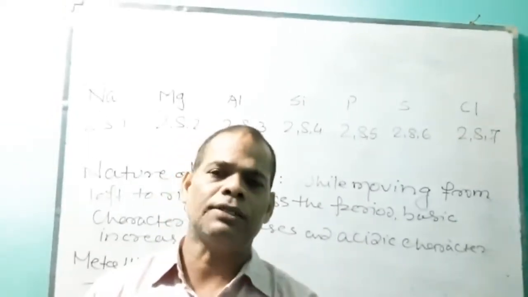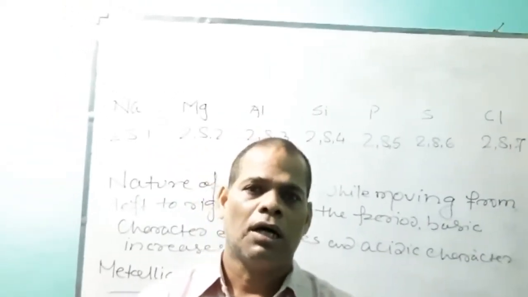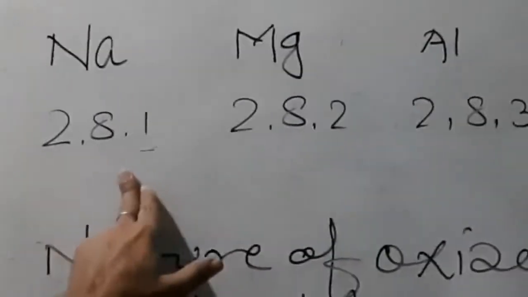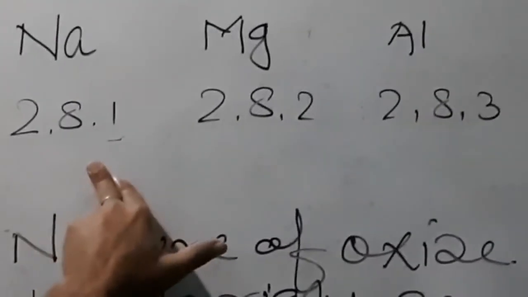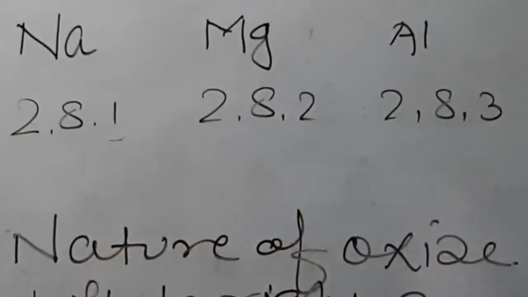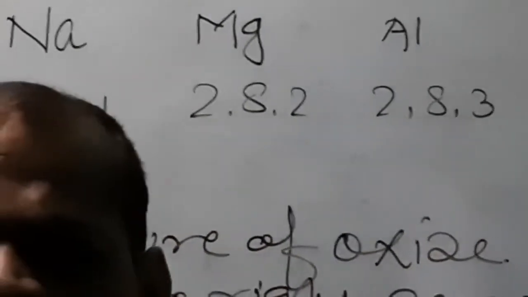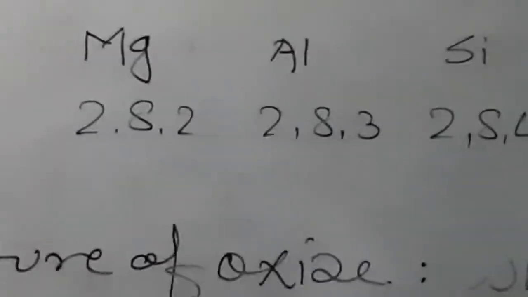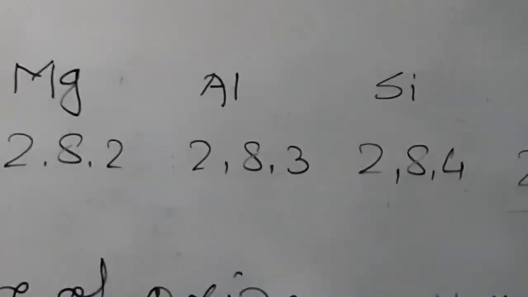So my dear students, take sodium, magnesium, aluminum. Sodium is highly electropositive, which means it readily loses electrons.